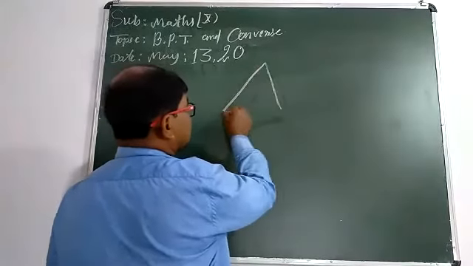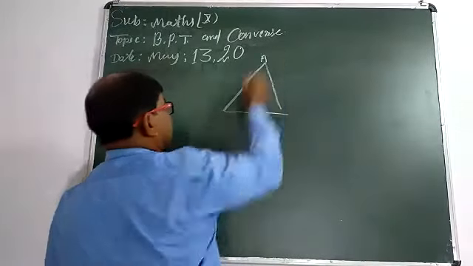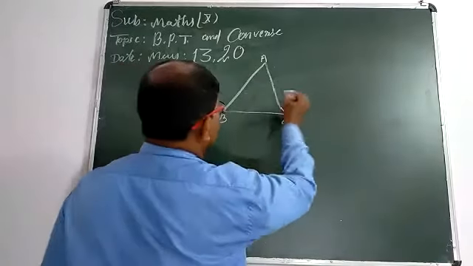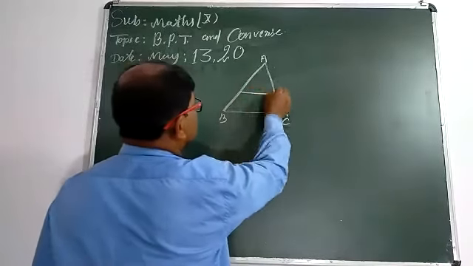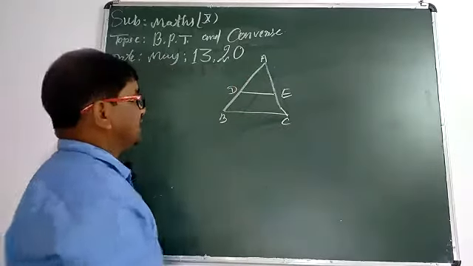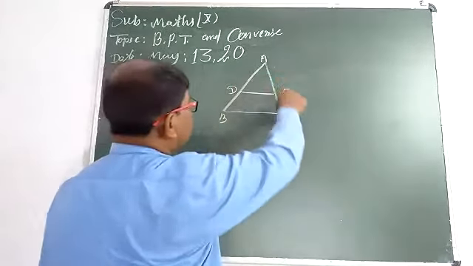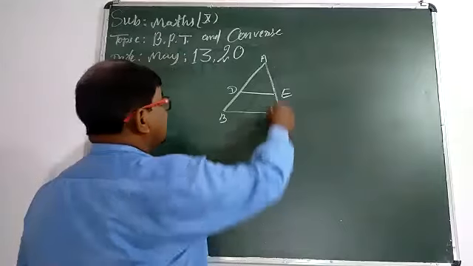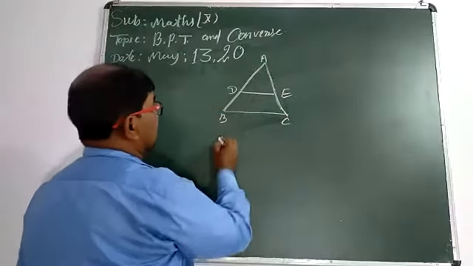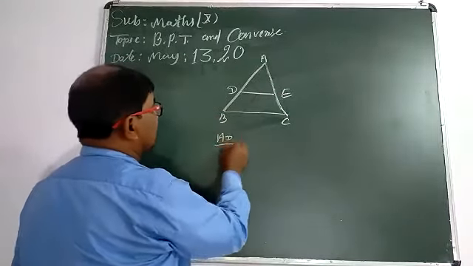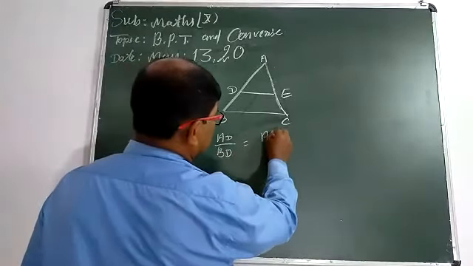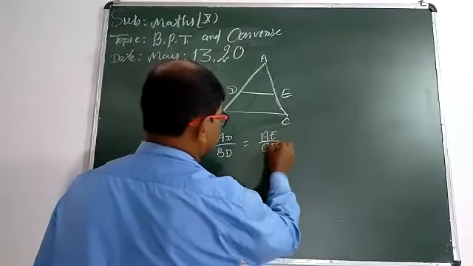Suppose that this is a triangle ABC. If one line drawn by you, DE, is parallel to BC, then these two sides AB and AC, intersected, are proportional. It means AD upon BD equals AE upon CE.